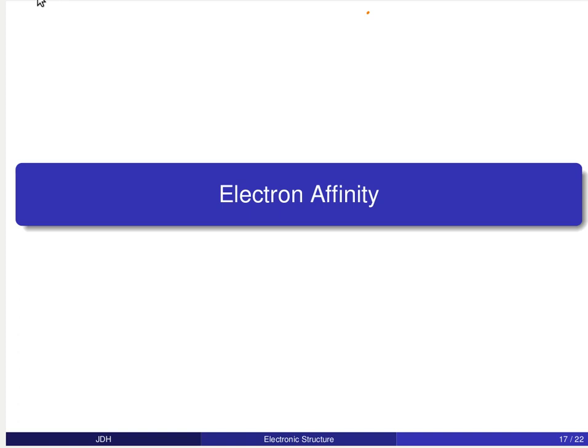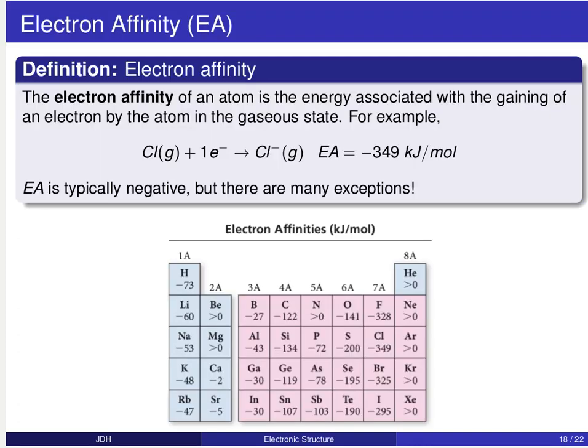All right, now we're going to talk about our third periodic trend, which is related to the concept of electron affinity. So electron affinity of an atom is the energy associated with the gaining of an electron by the atom in the gaseous state. So the electron affinity for chlorine here would be the energy associated with taking a neutral chlorine atom in the gas phase and adding on a single electron to form Cl-.